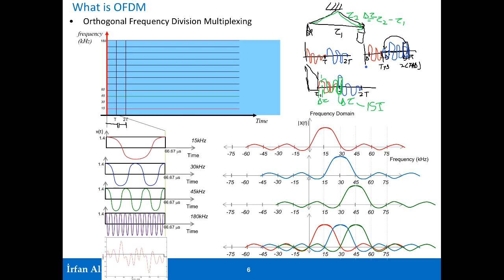One of the things we see with this kind of scheme is that even if this red signal gets delayed by delta t, it will only clobber the initial part of the next symbol.